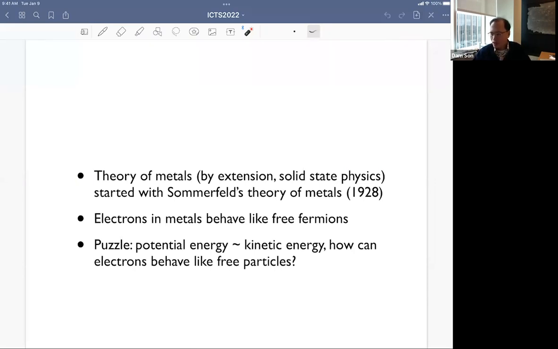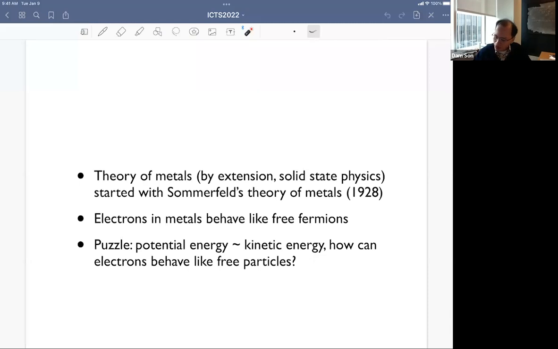We can understand many properties of metals using this very simple picture. One example is the Wiedemann-Franz law, which is the relationship between the thermal conductivity and the electrical conductivity of metals. Sommerfeld's picture of free electrons explains why the ratio between the thermal conductivity and electrical conductivity is always the same function of temperature for almost all metals.